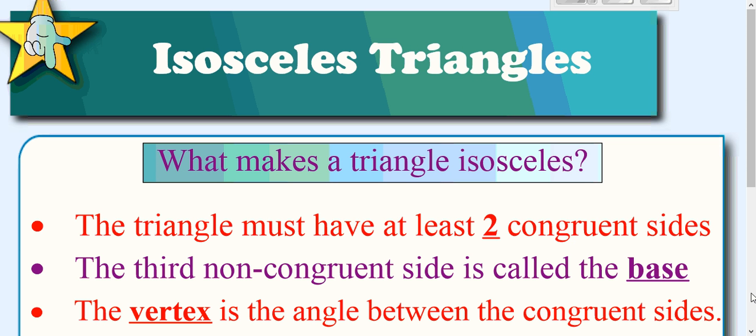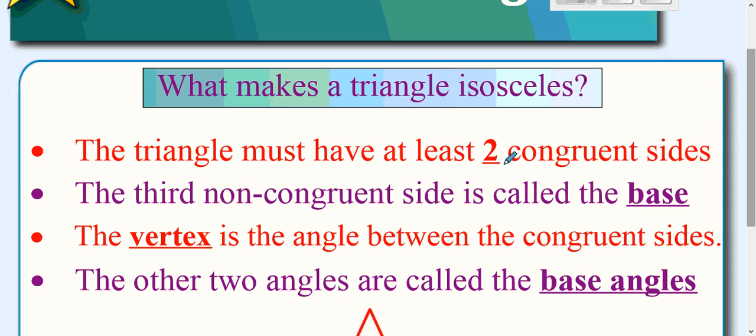An isosceles triangle is almost as cool, but instead of three congruent sides, it has two congruent sides. So two sides are exactly the same. The third side, the one that's different, you call the base.